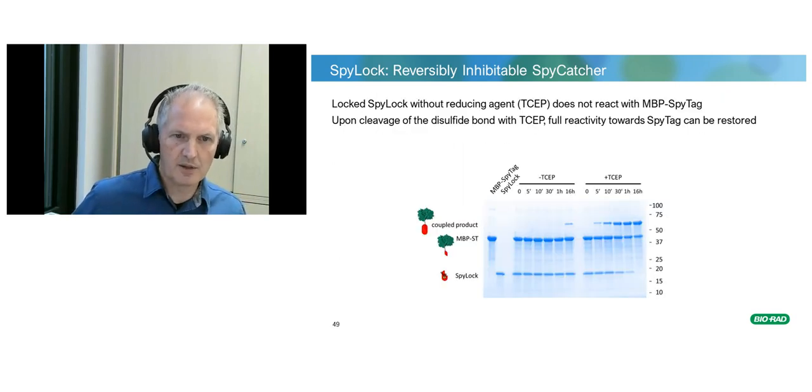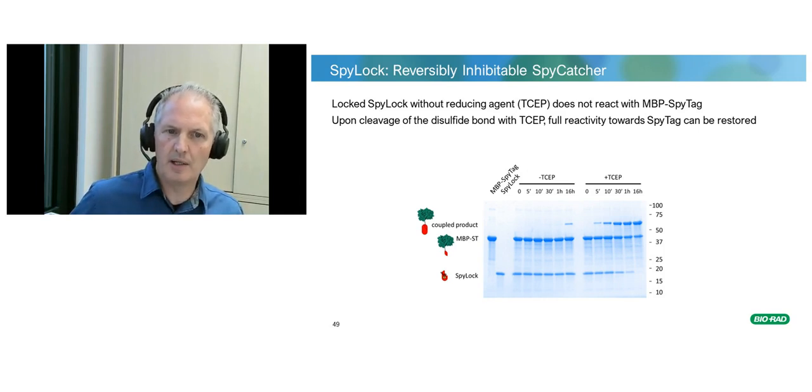And that's shown here on this gel. In the first lane is MBP with a SpyTag. Next to it is our SpyLog. If we mix these two, it's a closed SpyLog, and without reducing agent, we don't see a ligation product.